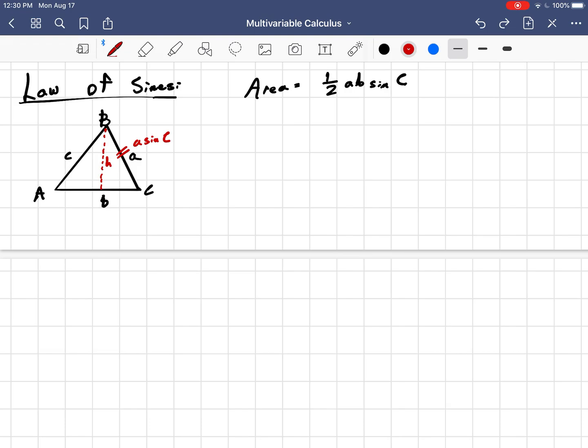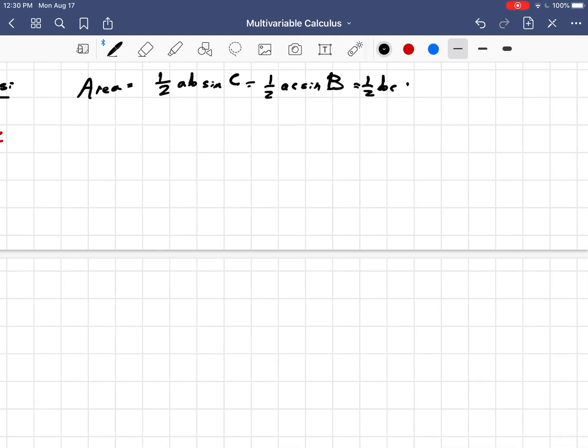And you can do a similar argument to show that the area is also 1/2 AC sine B, and it's also 1/2 BC sine A. And now you can probably already see where the law of sines is coming up.